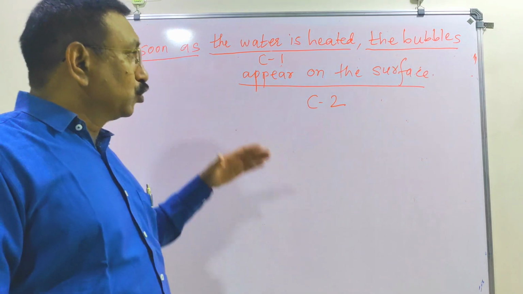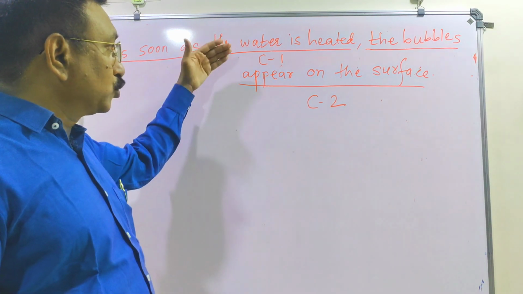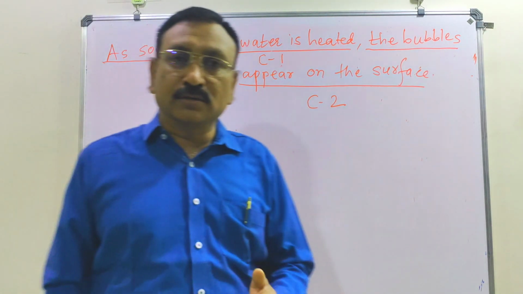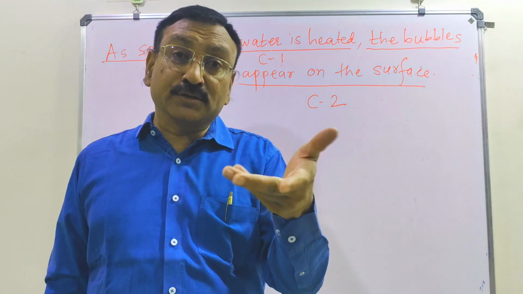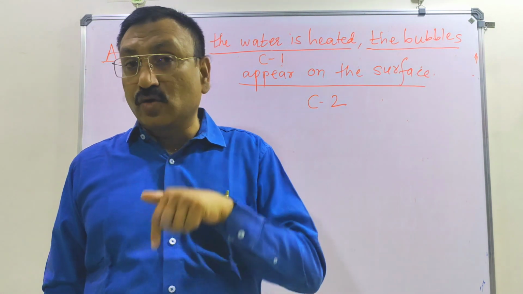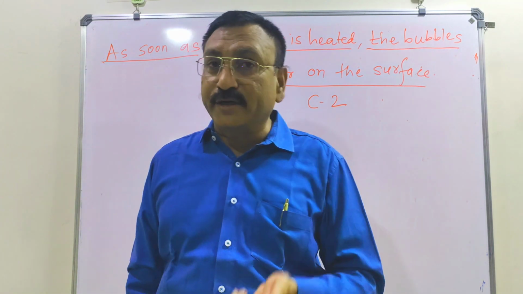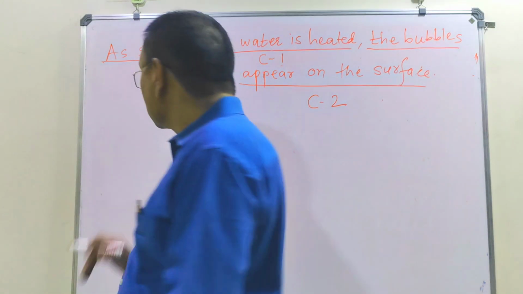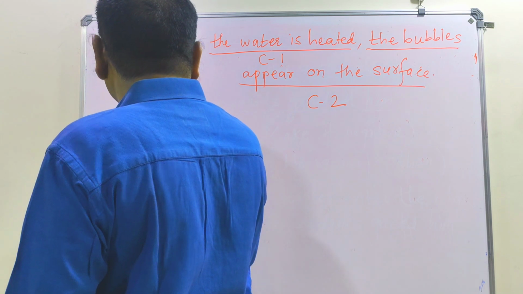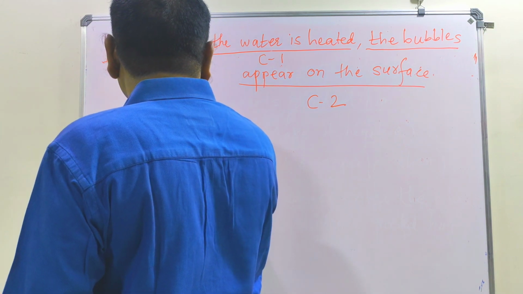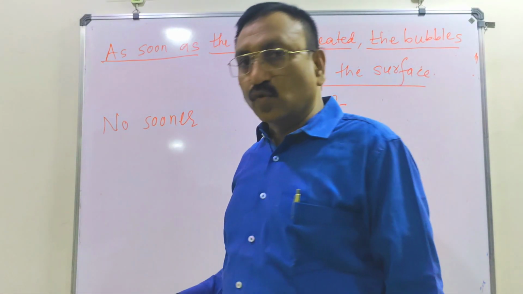Now look at this sentence. I am going to replace the conjunction as soon as with another conjunction, no sooner. Why? Because we are going to negate this sentence. So in the place of as soon as, write down no sooner. What did I tell you?